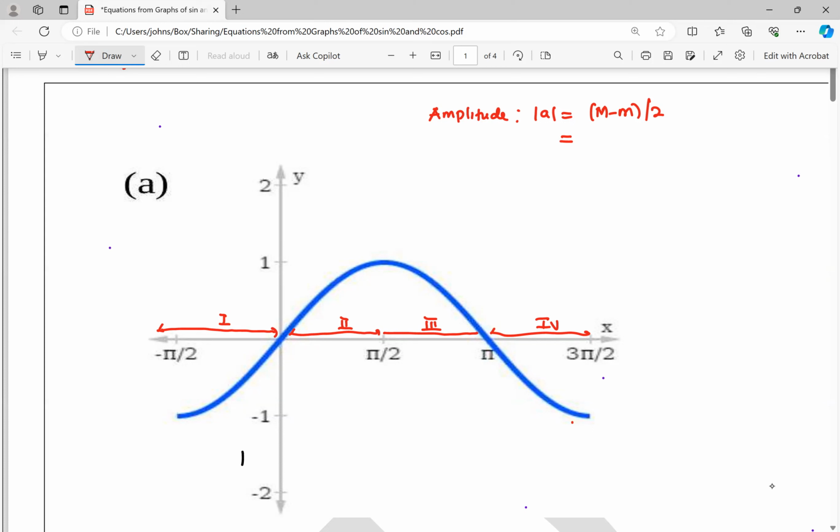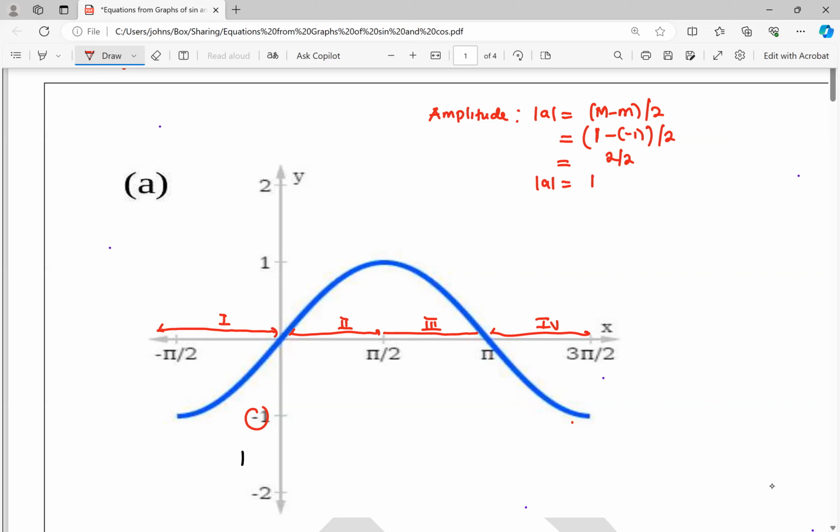And the maximum value of y, as you can see here, is 1. So we will have 1 minus the minimum value, which is minus 1, and everything you divide by 2. Now this is going to be 2 divided by 2. So the absolute value of A is equal to 1.